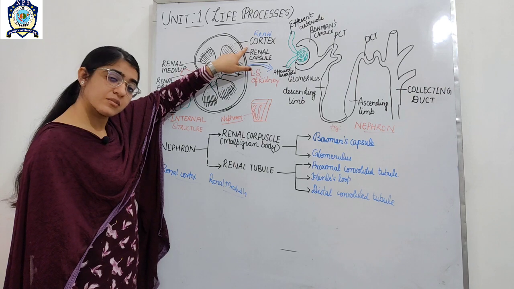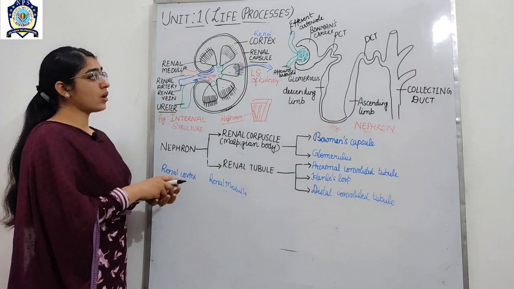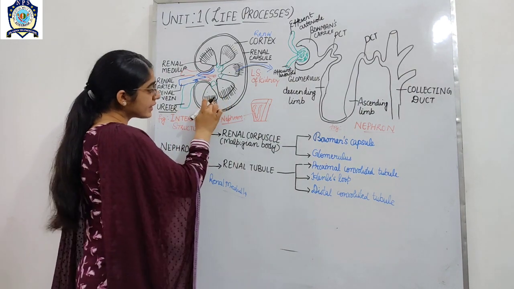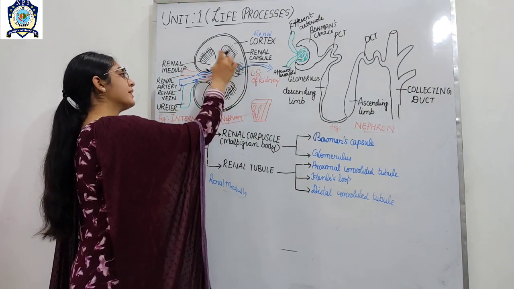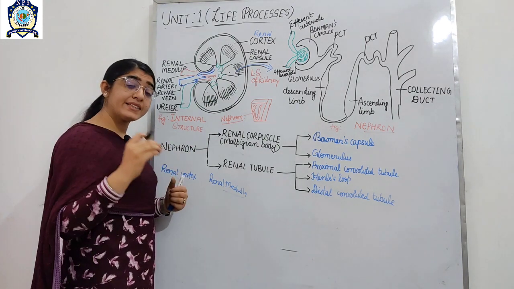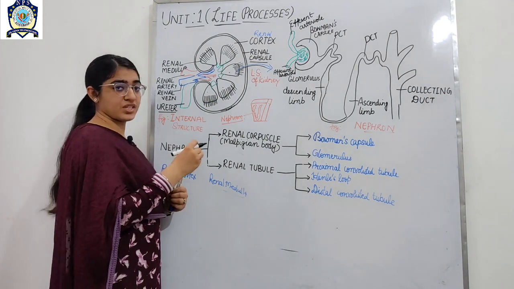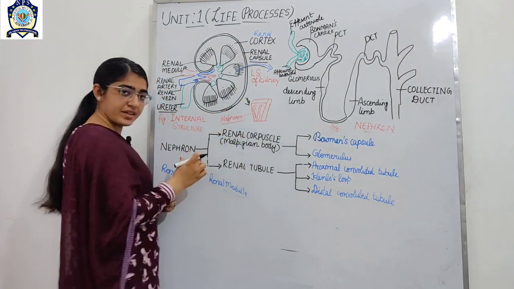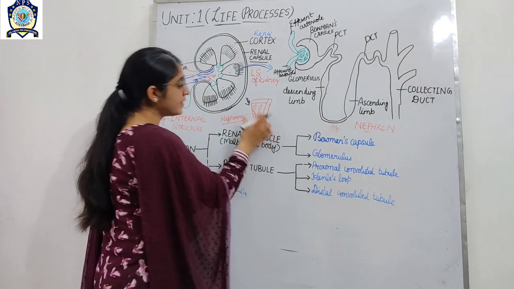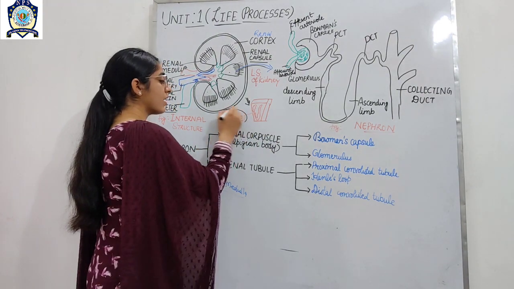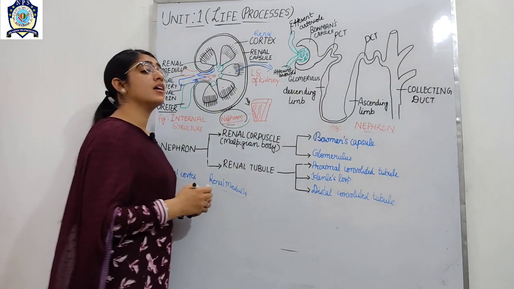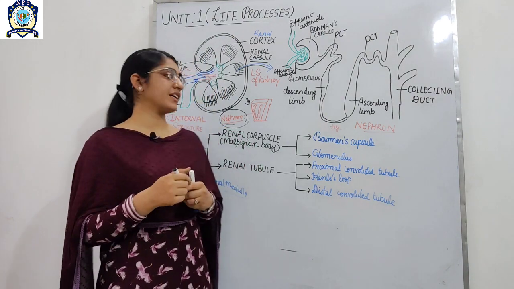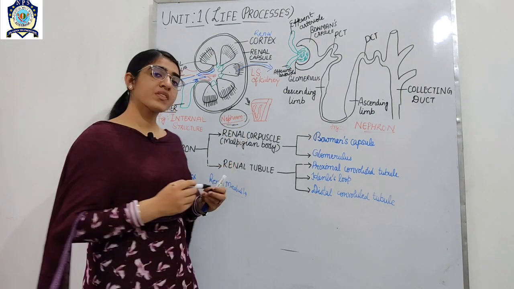the renal cortex is present. If we talk about the renal medulla, in the renal medulla there are pyramid-like structures, and I have drawn here a single pyramid structure. This pyramid structure contains the functional unit of the kidney, and that functional unit is known as the nephron.